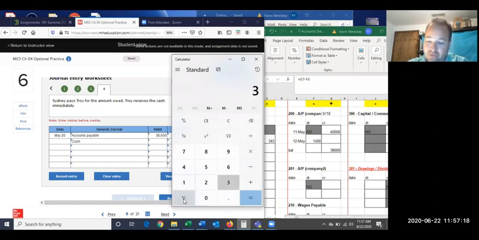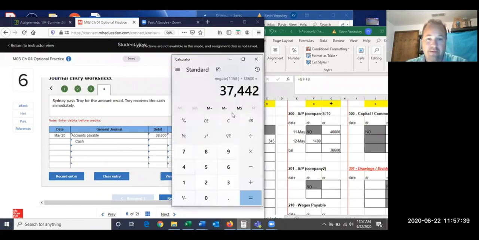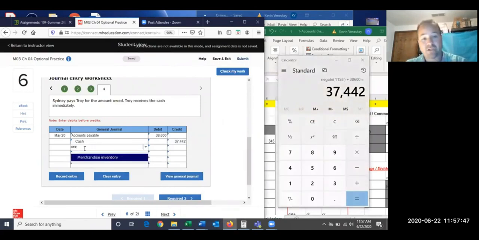Take that off of the $38,600 that I owe. So I'm paying cash of $37,442. And the discount was the $1,158. Remember, if we're the buyer, we actually discount the item that we bought.